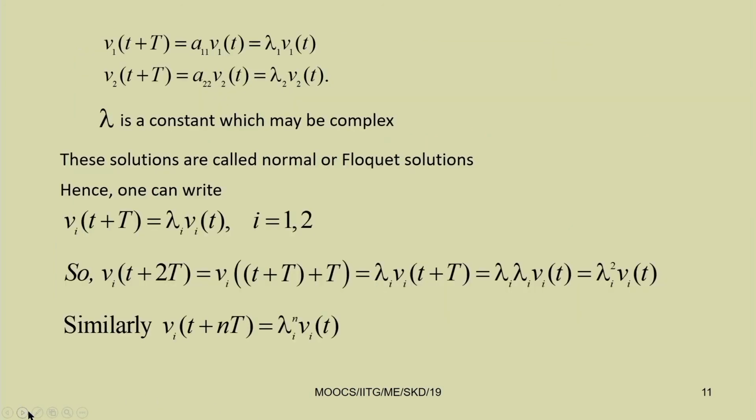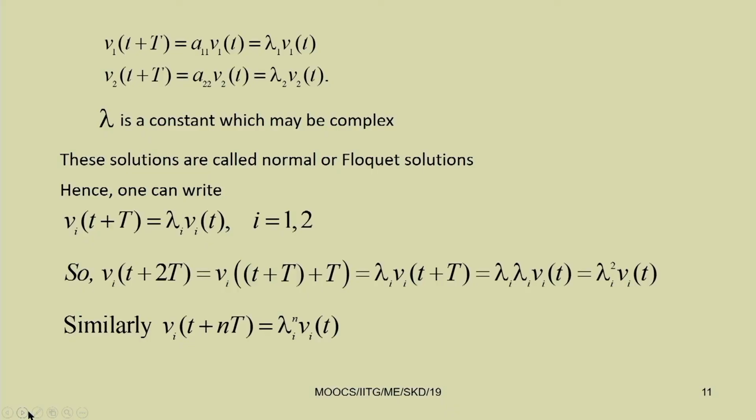Let us name them V1 and V2. Then V1(t + T) equal to A11 V1(t), which we can write as lambda 1 V1(t), and V2(t + T) equal to A22 V2(t), which we can write as lambda 2 V2(t).